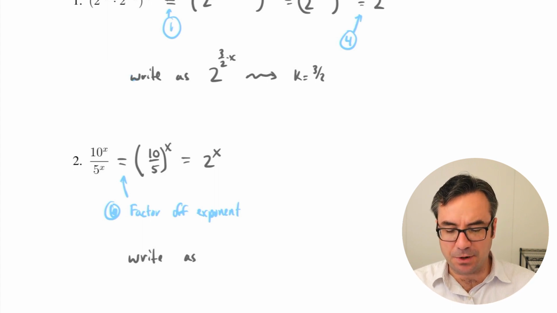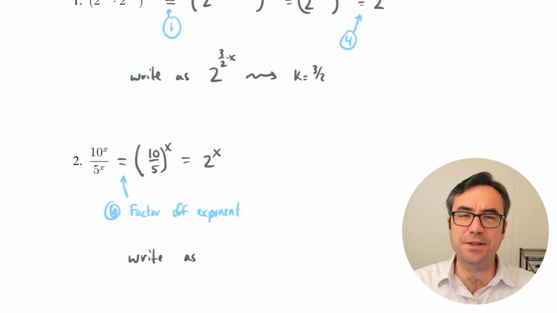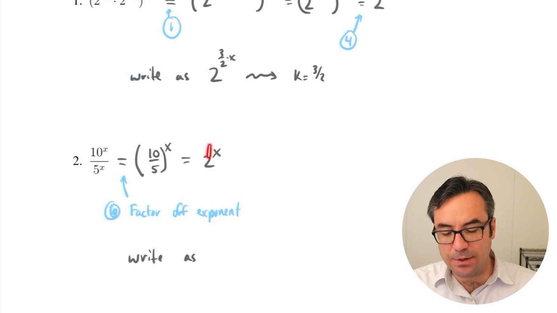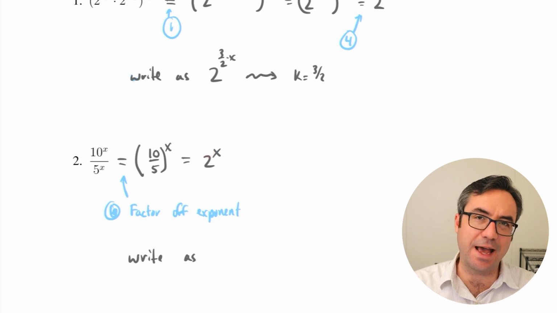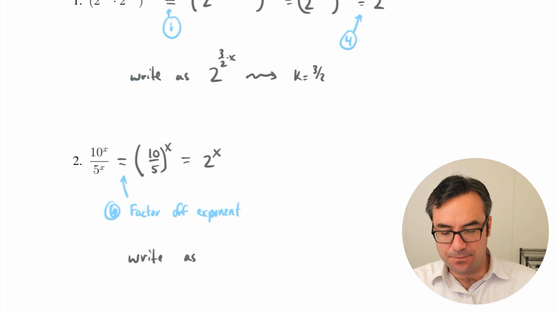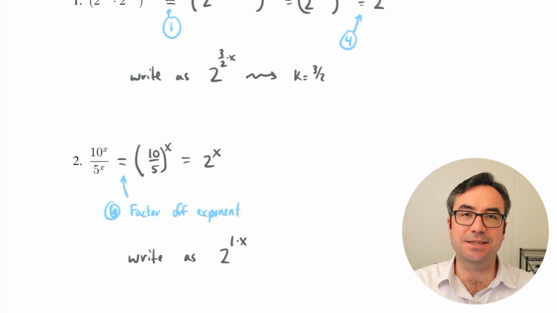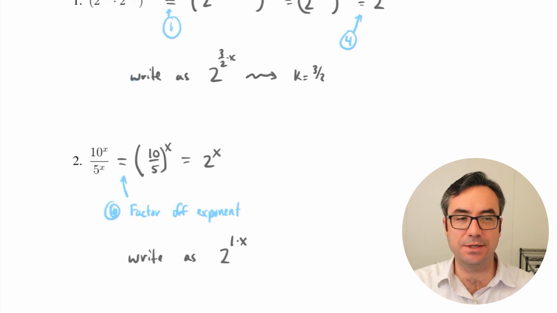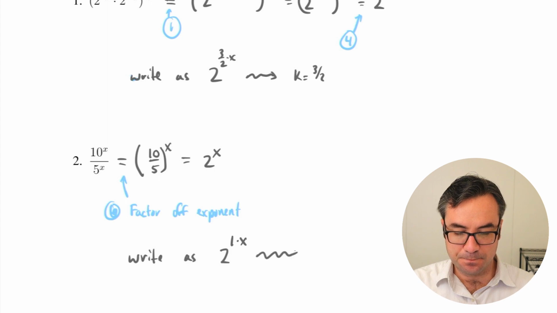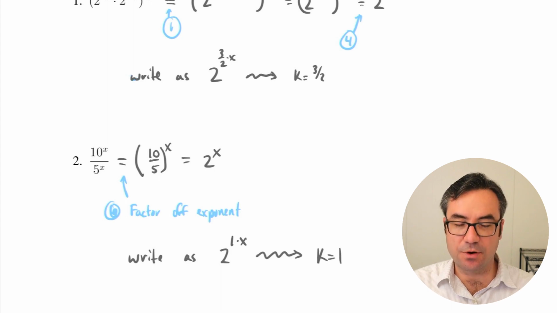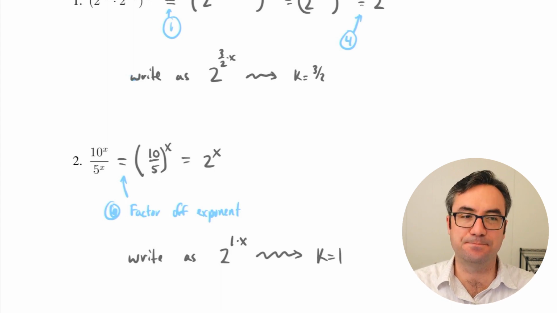So if we're looking at this one, 2 raised to the power x, there's really a hidden 1 in front of that x. Normally we wouldn't write this, but we could. We could write this as 2 raised to the power 1 times x, which is telling us that the number in front of x is 1.